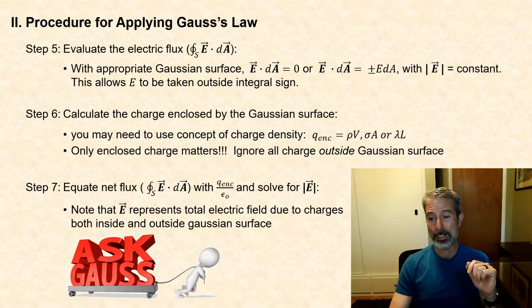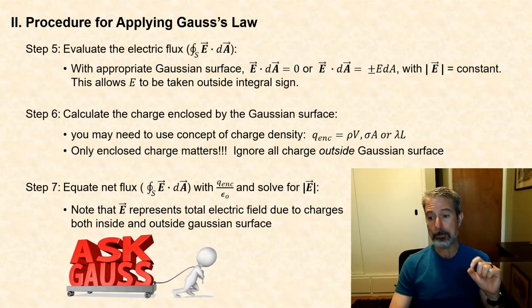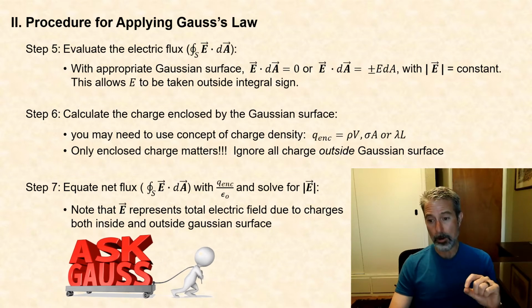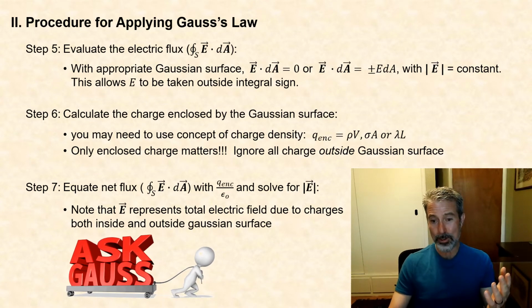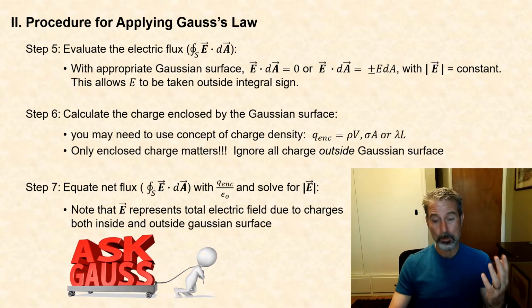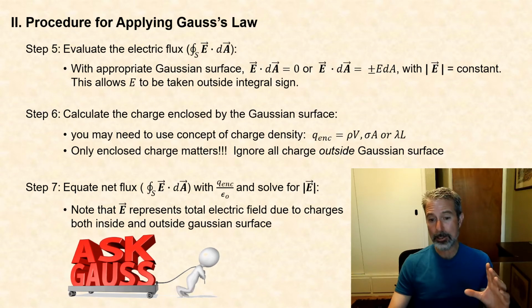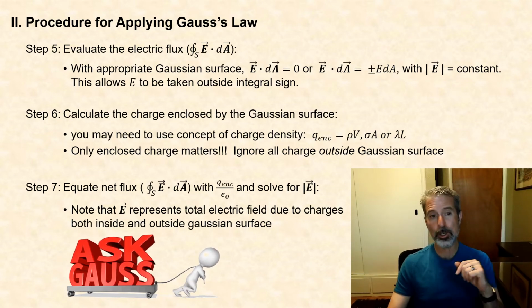Not the first time I've said this, but remember that you are finding the electric field everywhere. So when you draw your Gaussian surface, some of the charge will be enclosed by the surface, some will not, but the field you find will be due to all charges everywhere.